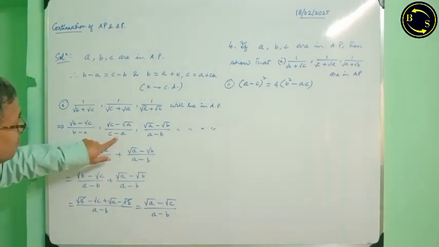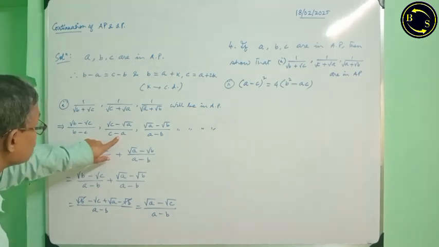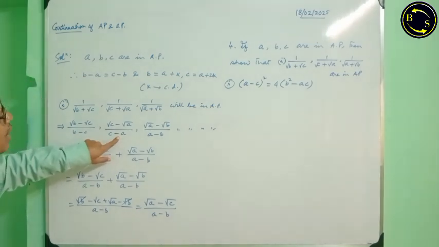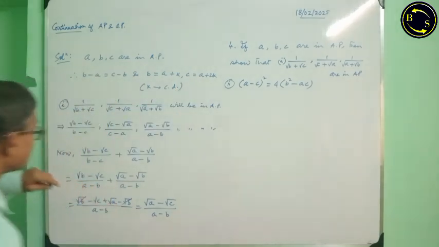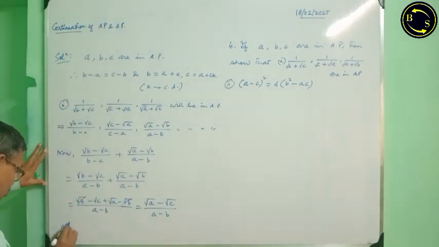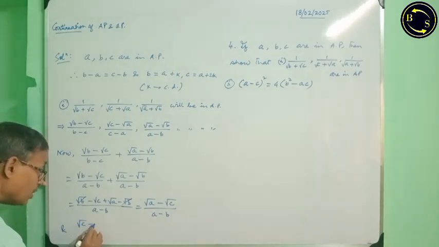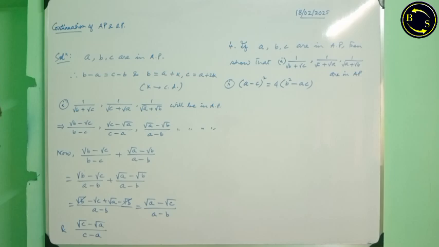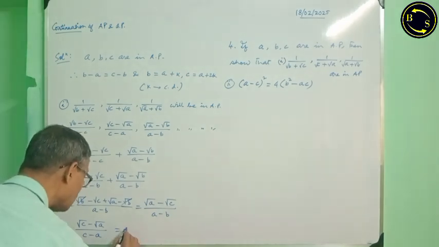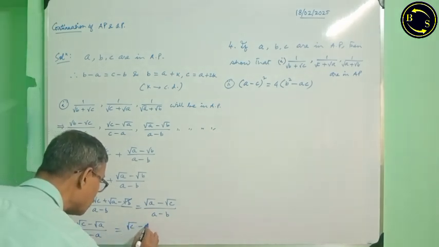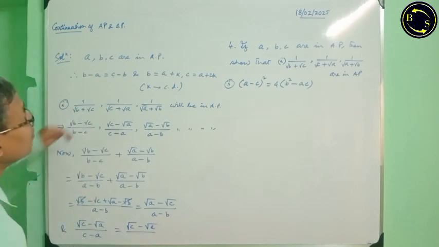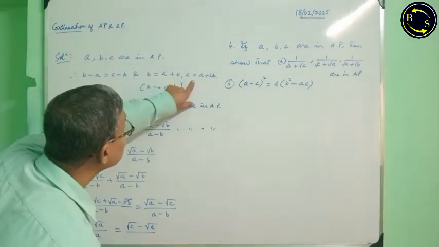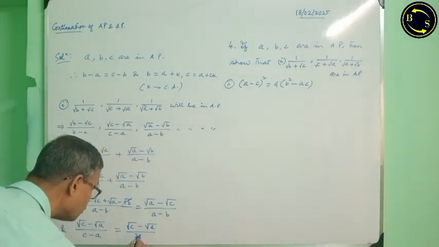For that we simplify this one like this: C minus A is equal to 2K, and root C minus root A by C minus A. From this relation C minus A equal to 2K, we put that value.